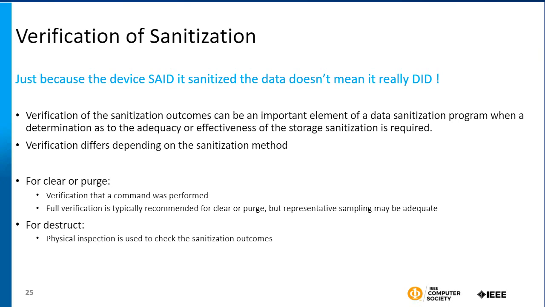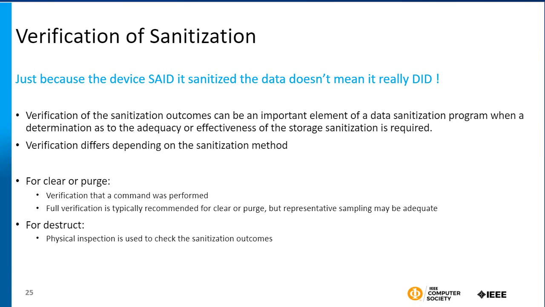So, in this particular case, you did the right thing, but you may actually not be able to get the bits back to even inspect, is it random? And so this causes some problems. And it can even come into play with a clear, depending on the kind of technology you have.